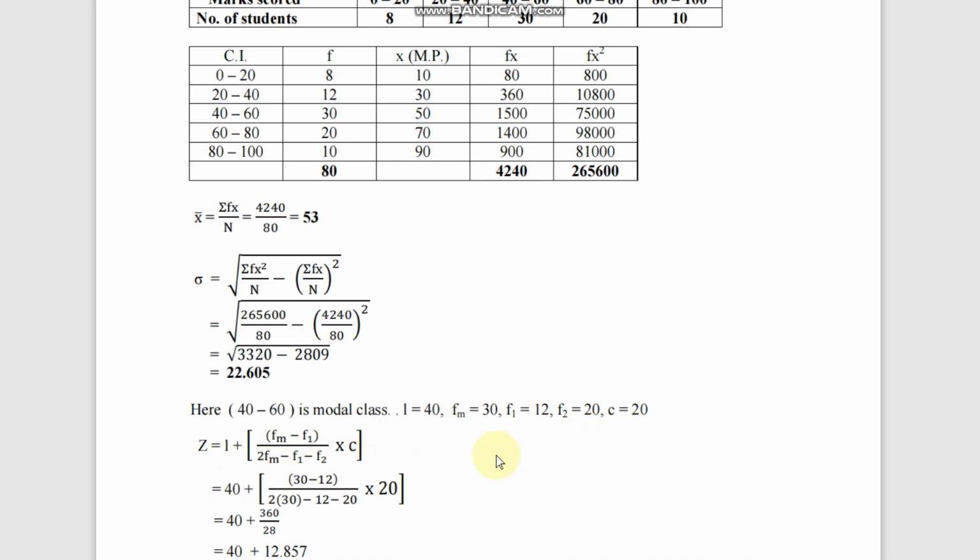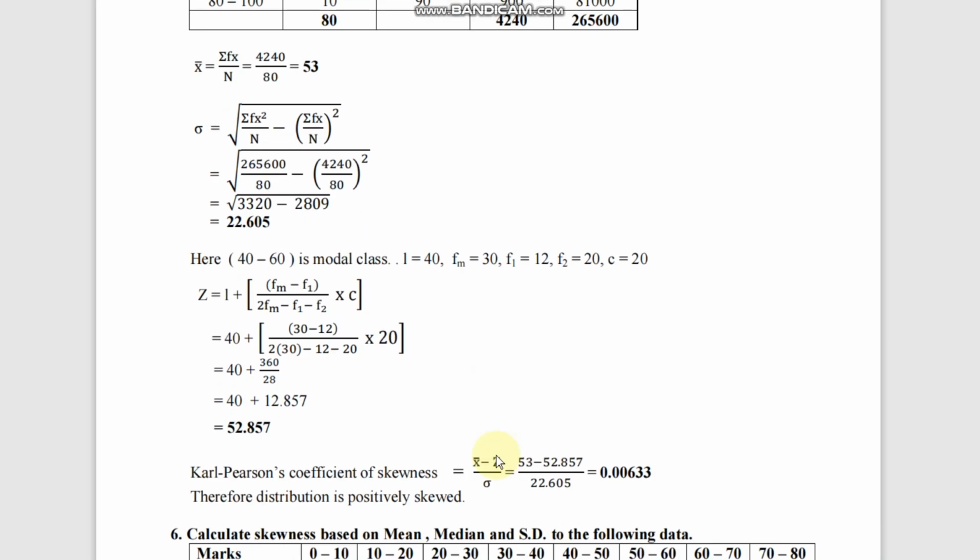Substituting all the values here, L is the lower limit, which is 40 here. Fm is the frequency of the modal class, which is 30. F1 means the frequency preceding the modal class, that is 12. F2 is the frequency succeeding the modal class, that is 20, and C is the width of the modal class, which is 20. So when you sum it up, the final answer is 52.857.